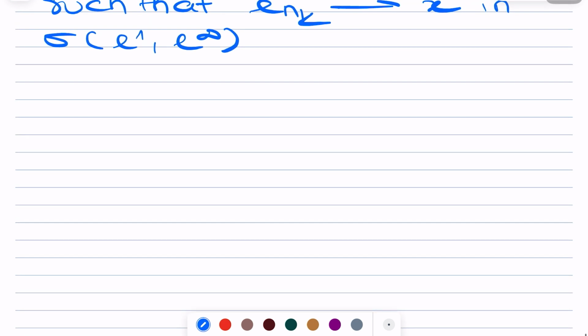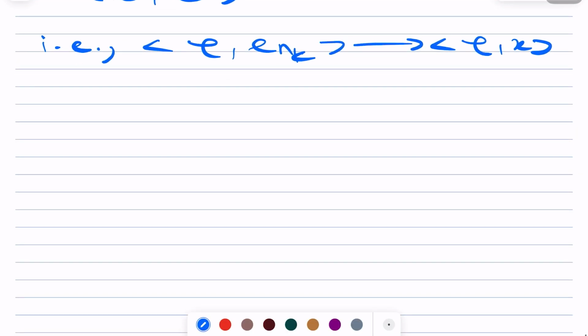So this means that phi Enk converges to phi x for every phi in l infinity. And here, this dual pairing corresponds exactly to the scalar product.